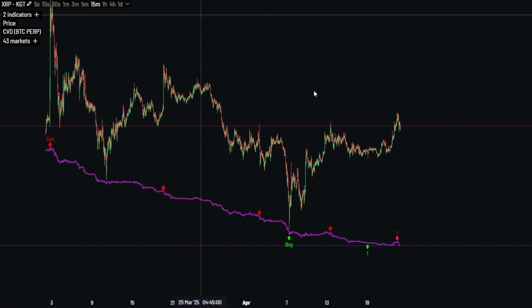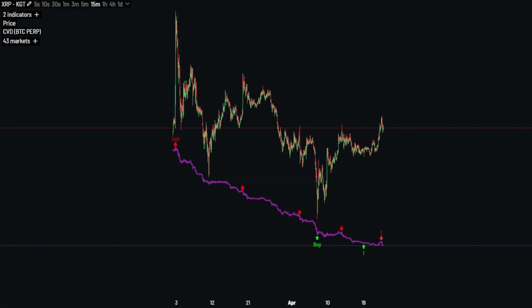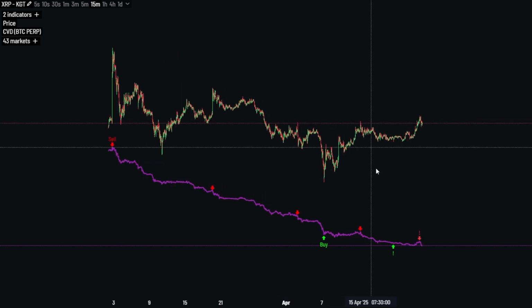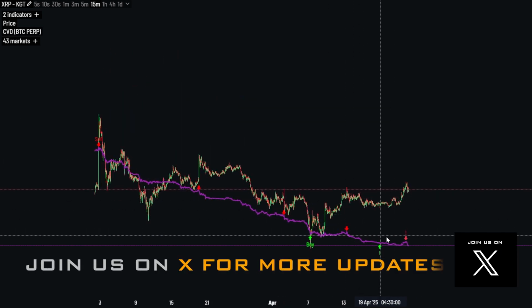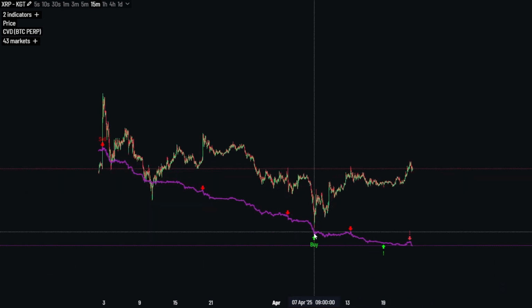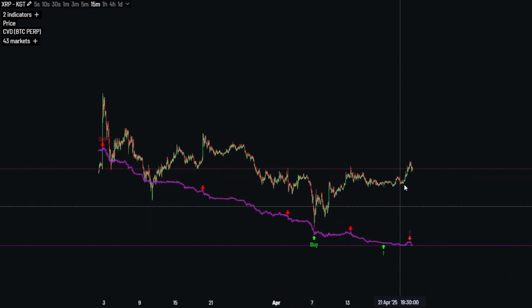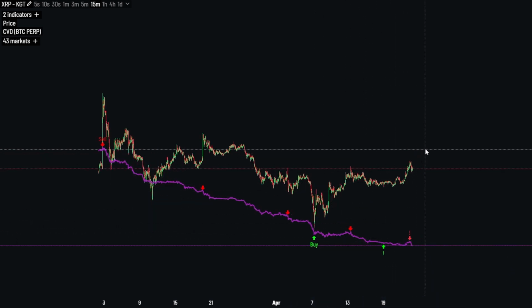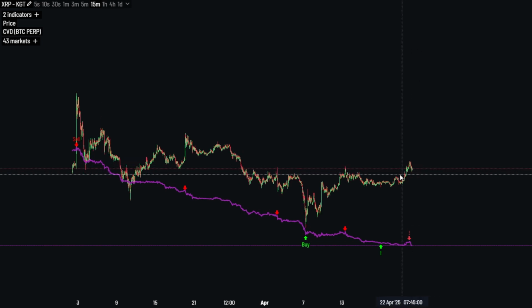Yep. If we take a look at KGT as well on the 15-minute chart, we can see invalidation of bearish taken already. So that is a good signal for the bullish. You have a divergence here, moving toward the upside and still looking for higher potentially.